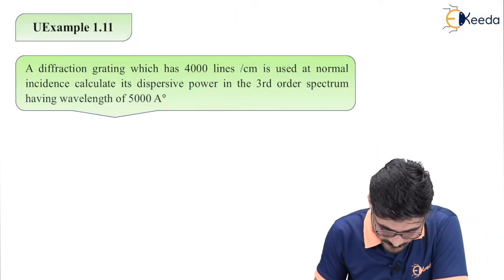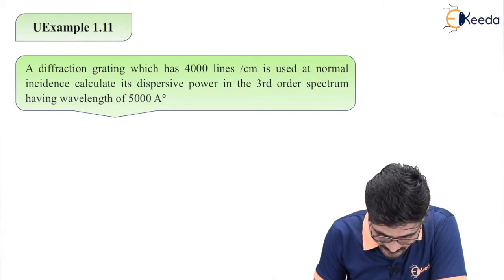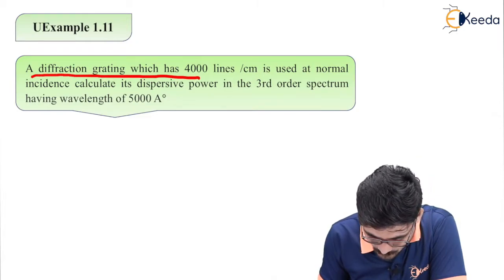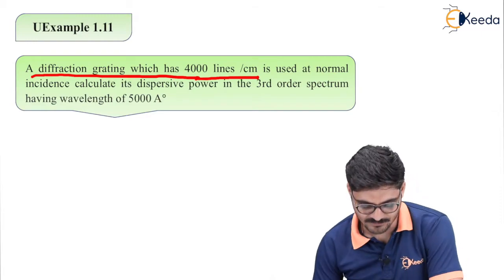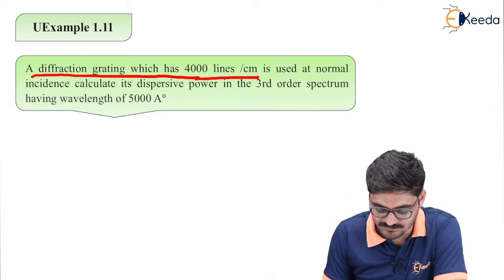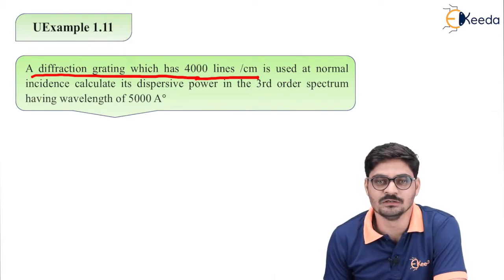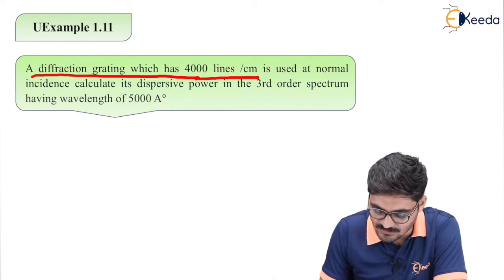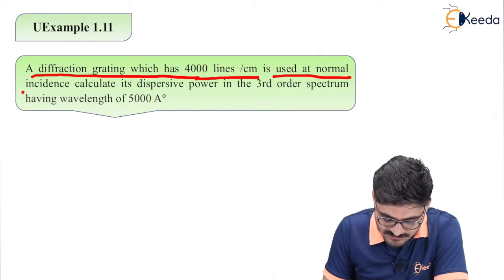In example 1.11, it is given that a diffraction grating which has 4000 lines per centimeter. So we are having a grating in which 4000 lines are there per centimeter. This is the data given to find the grating element, and it is used at normal incidence.